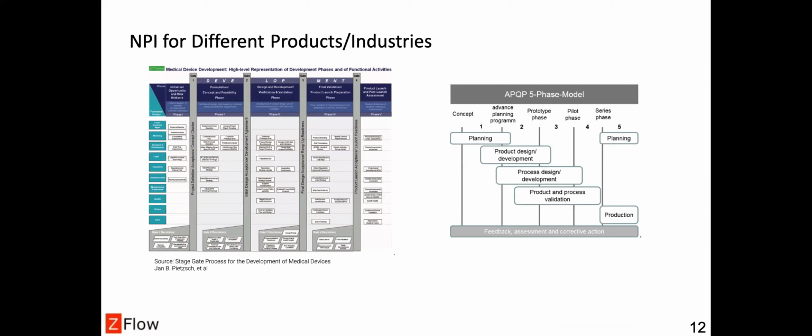The other APQP, Advanced Product Quality Planning, also a 5-phase model. Now, there is not necessarily a very strong or stringent gate in APQP because you also do want to do some simultaneous design and process development when the program is going. So there are a variety of modes of how NPI programs are run.